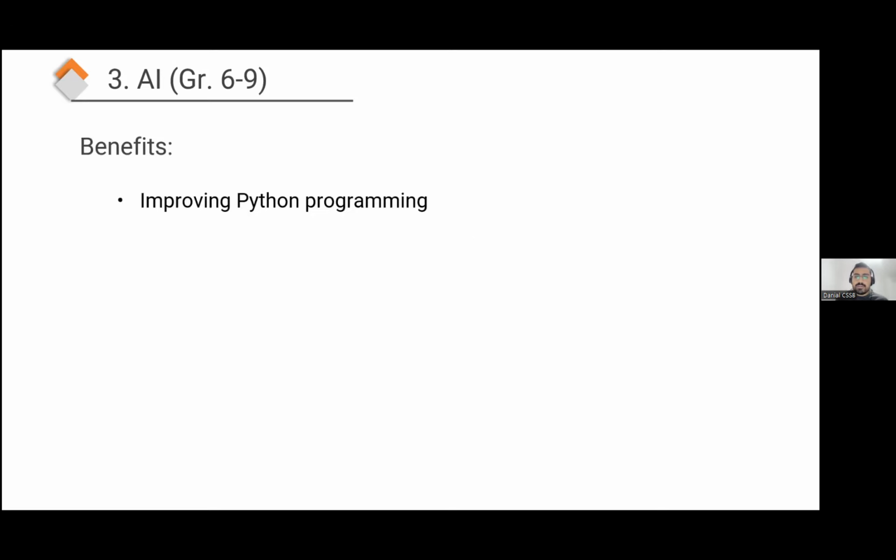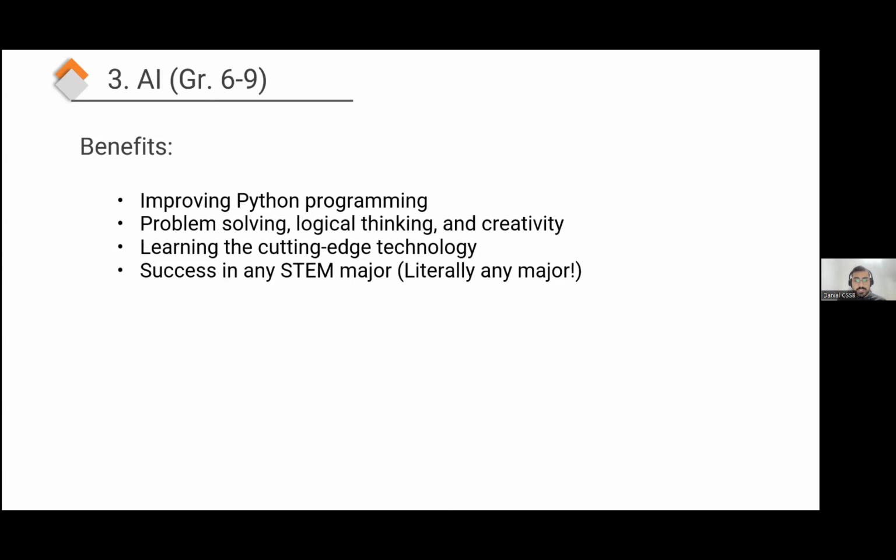And so the benefits are, first, you're going to improve your Python programming, your problem solving, logical thinking, and creativity in this class. And you're going to learn cutting edge technology, and you're going to have a successful life in any STEAM major, literally any major. I can see that any STEAM major that students are taking right now, they are somehow going to be in touch with AI.